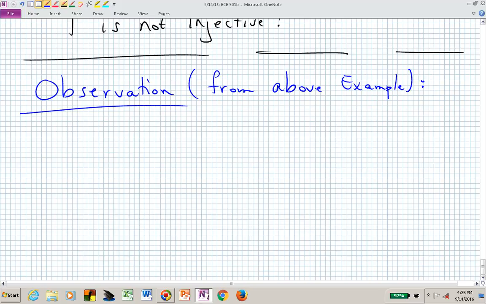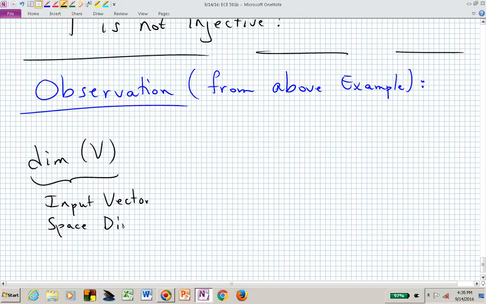But here, if we look at the dimension of our input vector space, and that's also the domain, that's the dimension of R3, which is 3. We can find 3 linearly independent vectors in R3.